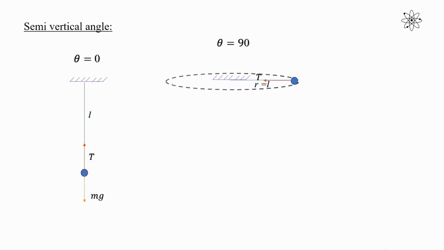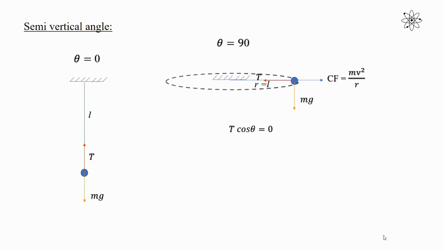T is the tension in the string which provides the necessary centripetal force and balances the centrifugal force mv square upon r. And the weight of the bob acts vertically downward. As you can see here, student, there is no component of the tension which balances the weight of the bob. So T cos theta in the given situation is 0.